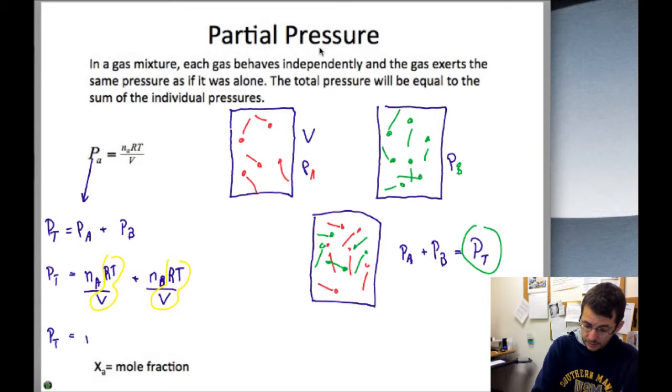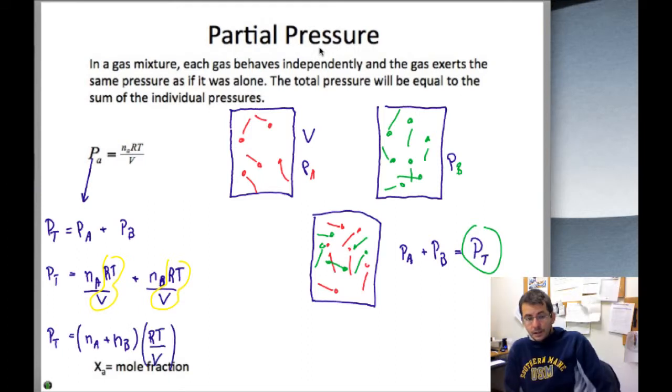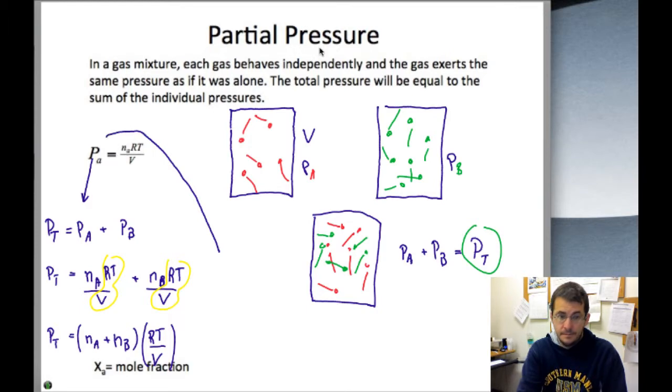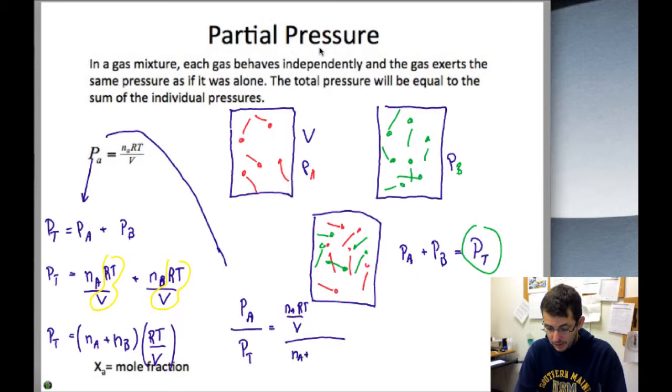Total pressure is equal to (nA plus nB) times RT over V. If we take the individual pressure component of part A, the pressure of part A, and we divide it by the pressure total, we get nA times RT divided by V, all divided by (nA plus nB) times RT divided by V.